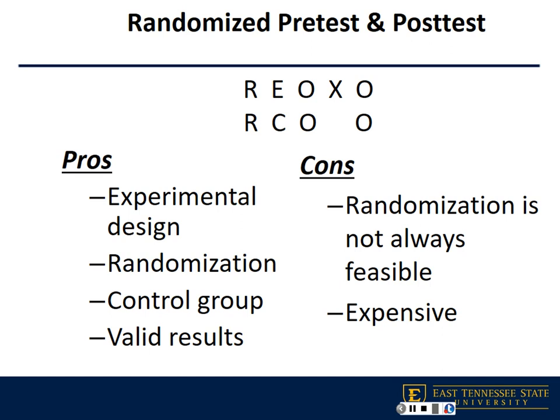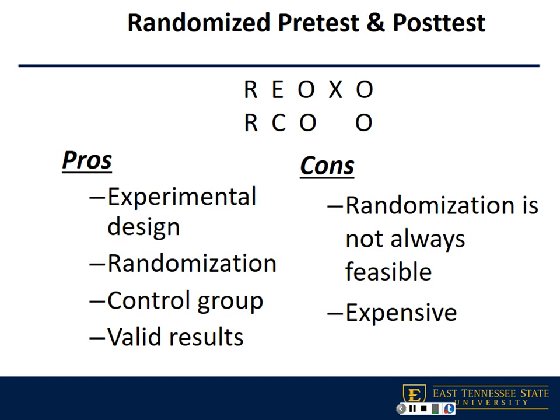Okay. Then we can conclude for certain in that case that the intervention method of instruction was more effective in increasing students' knowledge of the subject matter relative to the current method.